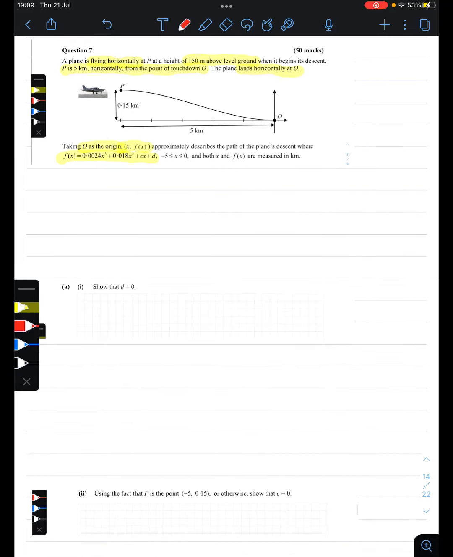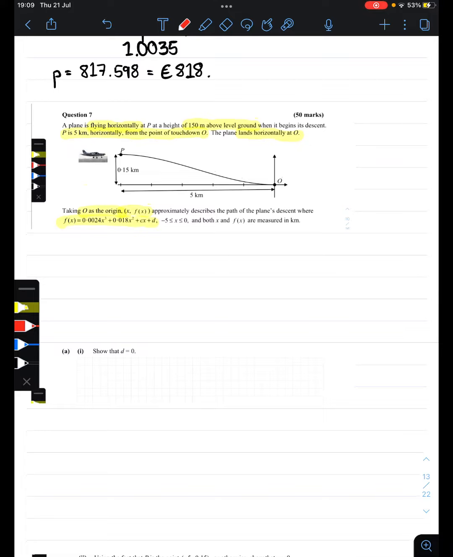Alright, so what do we have from here? Well, what are the coordinates of P? It's 5 kilometers to the left of the origin, so the x-coordinate is minus 5, and it's 150 meters above the ground, and we're measuring in kilometers, so the y-coordinate is 0.15.